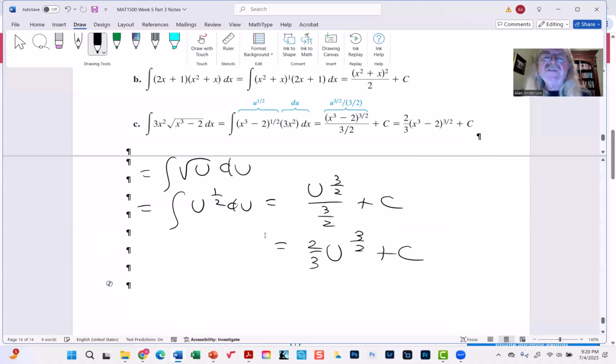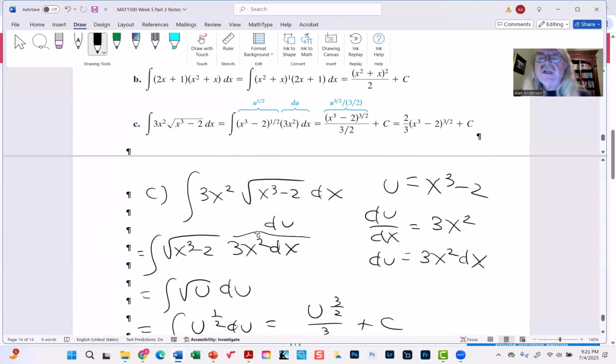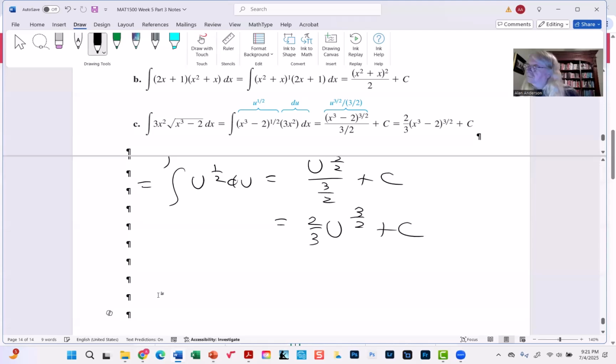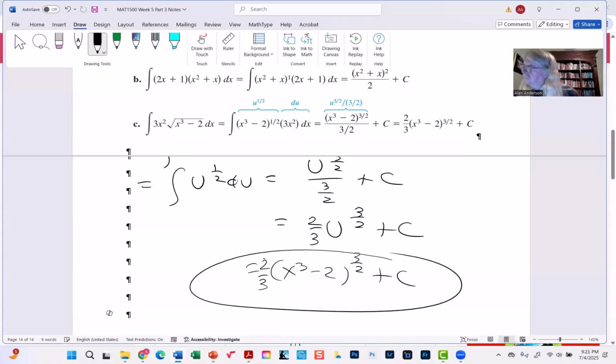And then we, of course, substitute back for u, which was x cubed minus 2. Okay, and that's our final result.